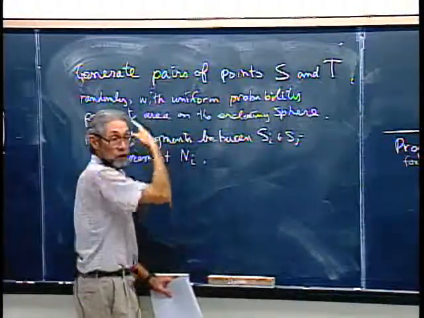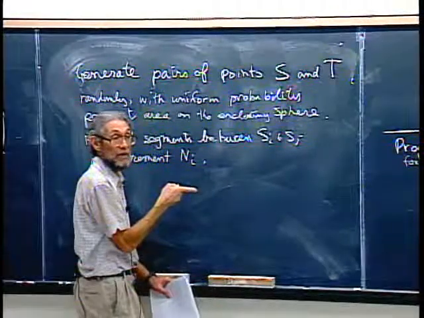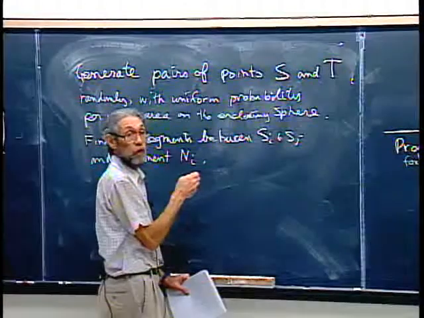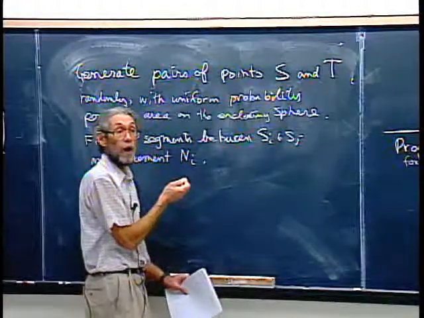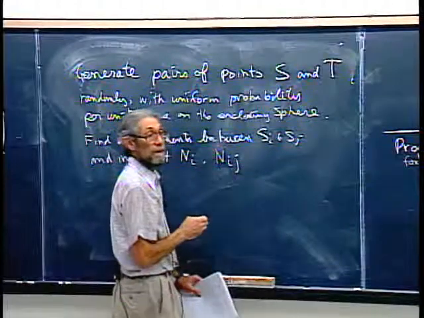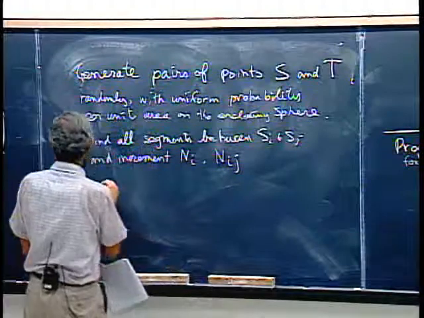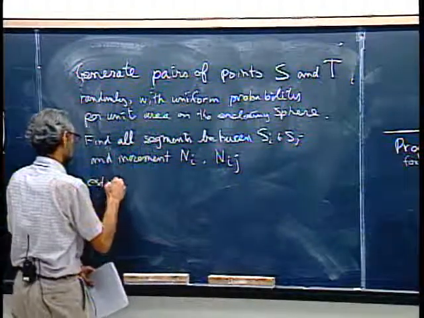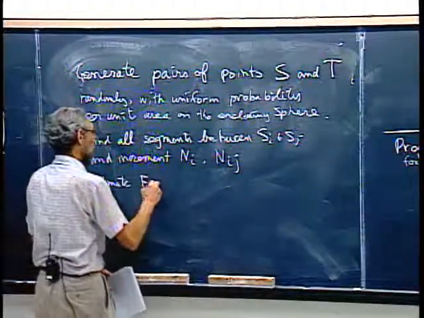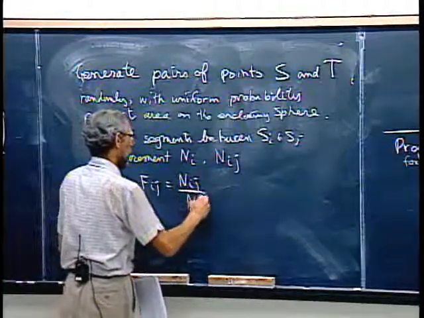Each time one of those things hits a surface, you're going to increment Ni for that patch. And each time it goes from that surface to the next one, you're going to increment Nij. And then, as before, I guess I just erased it, estimate Fij equals Nij over Ni.